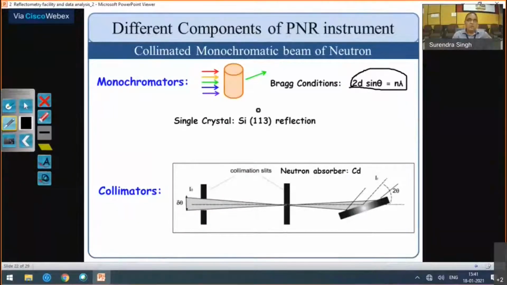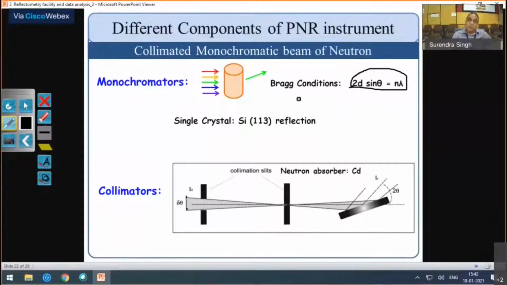Okay, we are using silicon 113 in our instrument at Dhruva. Why silicon? Silicon has very good transmission, because the neutron after this instrument will be used by another instrument, so we should not stop other neutrons. We just need one particular wavelength. We have taken that, and others should pass through.